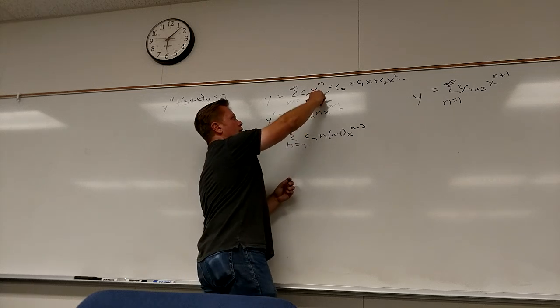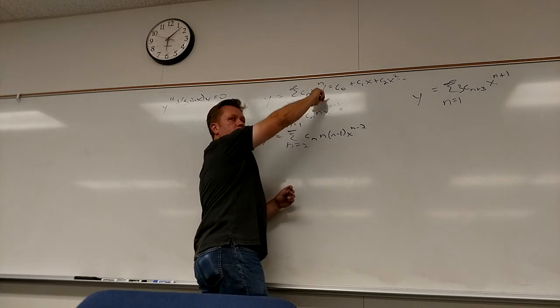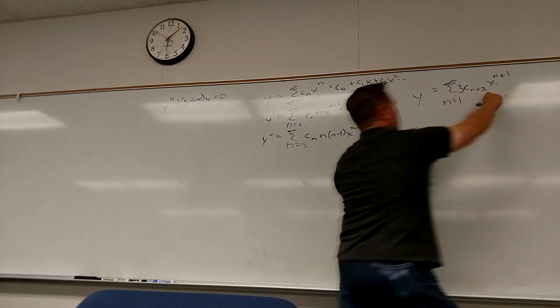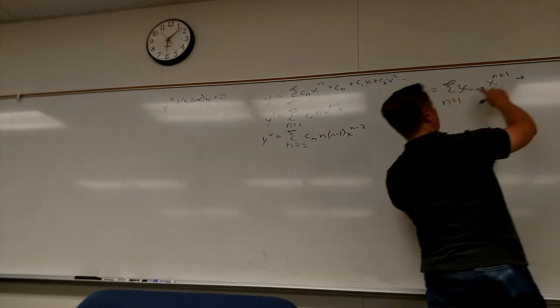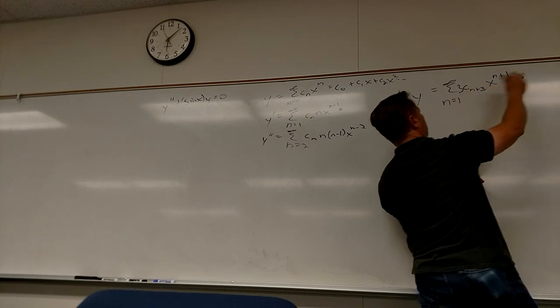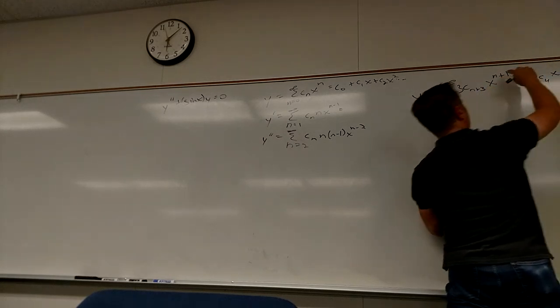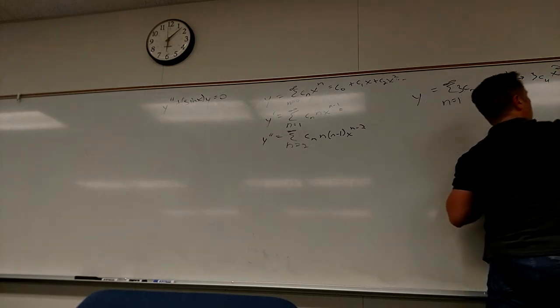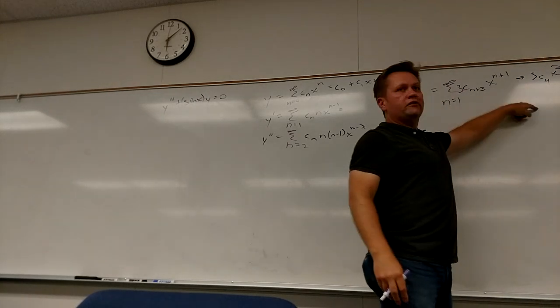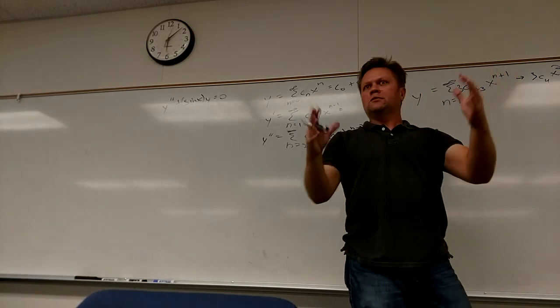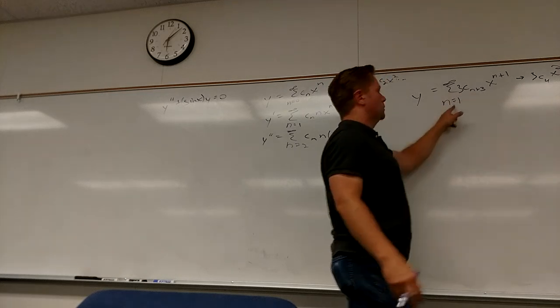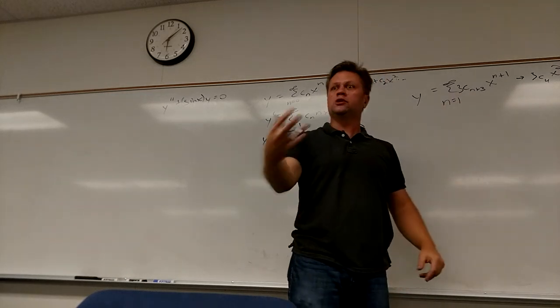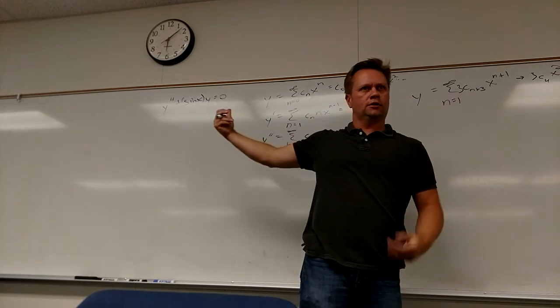Because this thing started at a constant term. But what does this thing start at? N equals 1, this will be 3c4 x to the 2 plus stuff. So one derivative, I'm going to have the same number of terms. I can't change my index because then I would actually lose a term, not a 0.